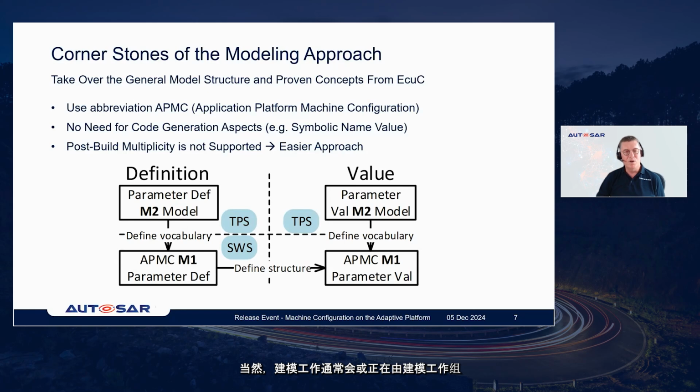But of course, the modeling will be or is typically supported by the modeling working group. This part of the diagram is not part of standardization at all, because the M1 parameter values is what people are using in the field to carry out their development projects.